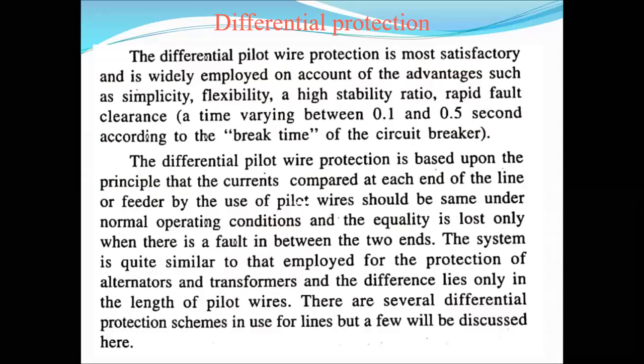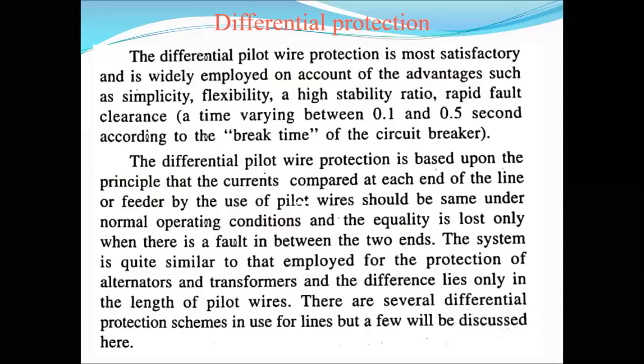But in the case of feeder lines, differential protection is only suitable with the pilot wire. Differential protection is only suitable for a length of 8 to 15 kilometers only.